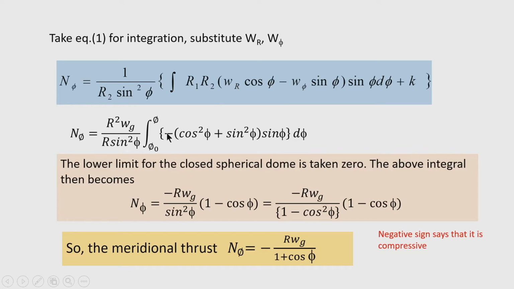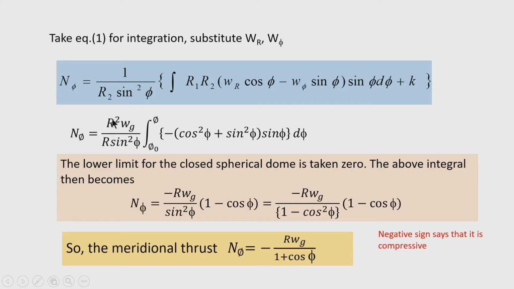Therefore, we take minus common and it becomes cos square phi plus sin square phi, and this sin phi is already there. So we write it as sin phi d phi plus k. The other quantity, r1 r2, with r1 equal to r2, becomes r square. We take it outside the integral sign because the radius of the sphere is a constant, and in the numerator r is already there and sin square phi is there.